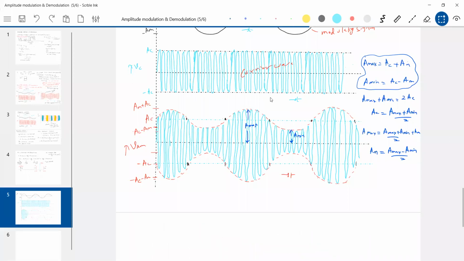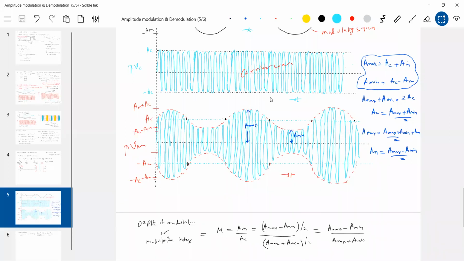And when it is 100%, when mu equal to 1, A minimum 0, then mu will be 1. If mu equal to 100%, then the information is properly put in the carrier wave and the carrier is properly modulated. Means no information is lost. What do you mean by no information lost, sir? Suppose I am going to wish my wife, okay, how are you, when you will come back.